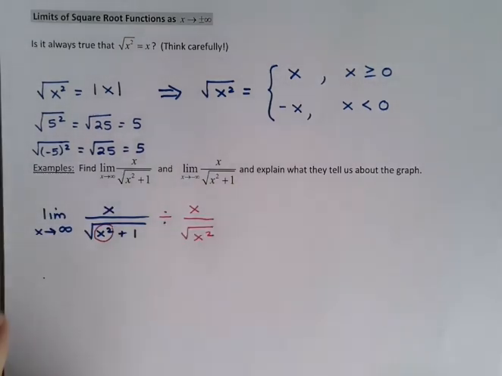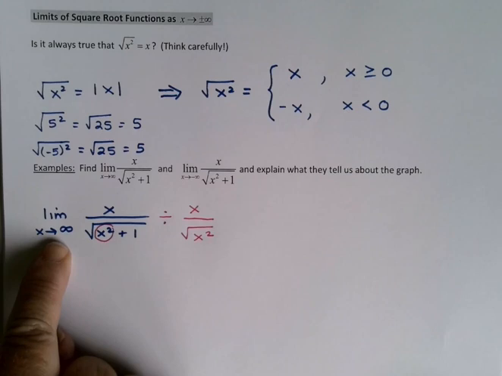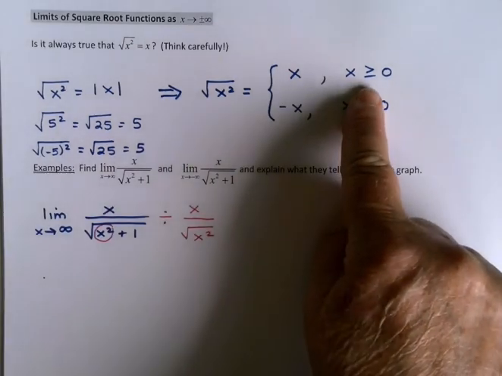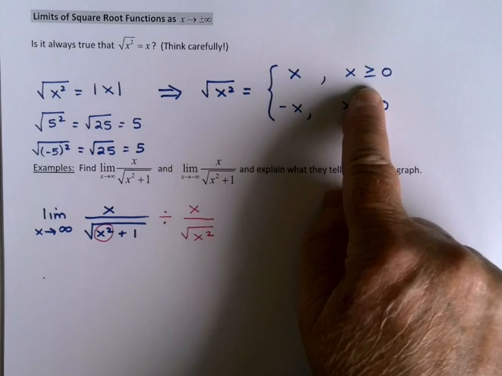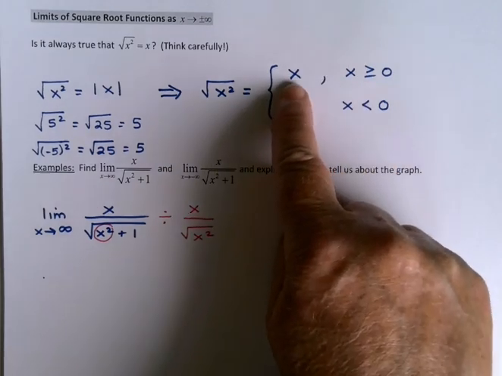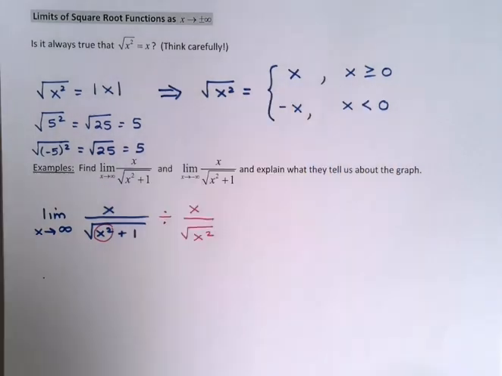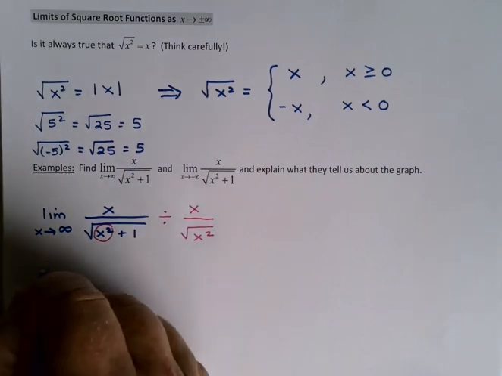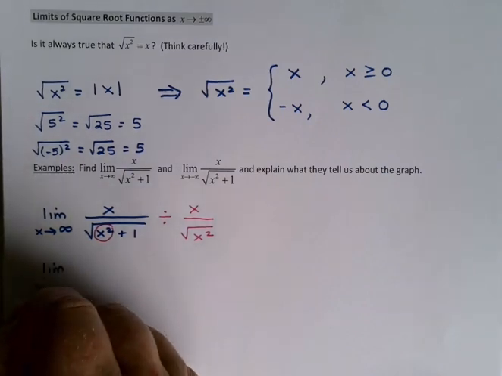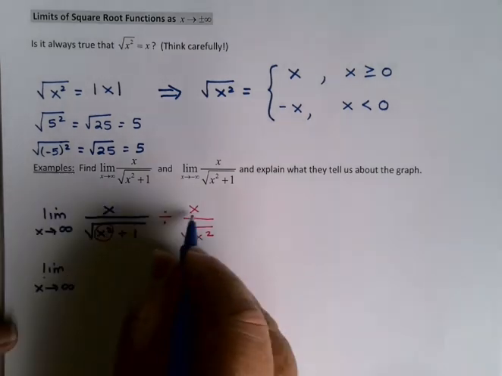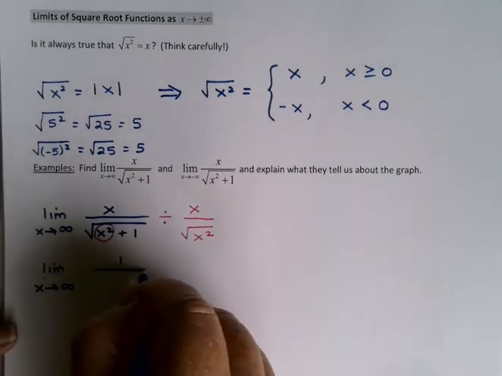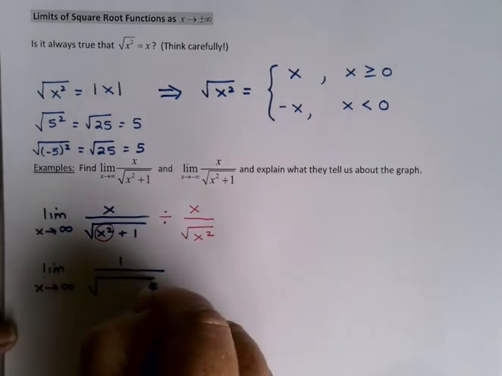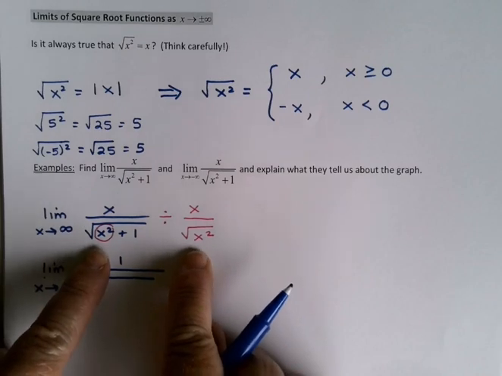Why? Because my x's are approaching positive infinity. I'm definitely in the x greater than or equal to 0 case, right? So when x is positive, the square root of x squared really is just x. All right, well now I'm in pretty good shape. x divided by x would be 1. And then all of this stuff is under radicals.